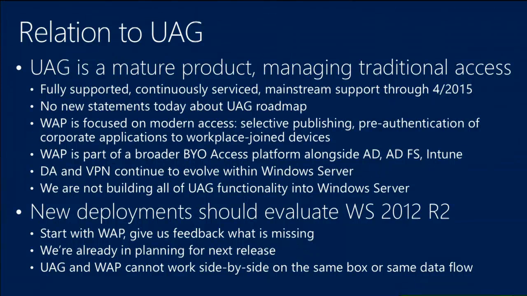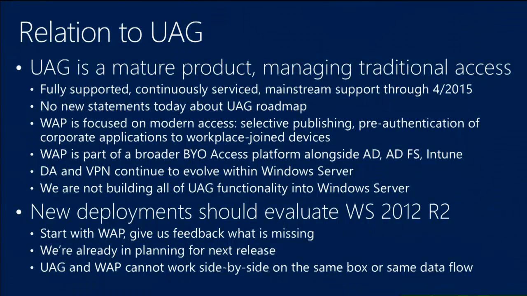In this session, we focused more on Web Application Proxy. But I think the bottom line is, when you think about new deployments, the starting point should be Windows Server and System Center, or Windows Server specifically 2012 R2. You should evaluate your needs and your scenarios with Web Application Proxy and ADFS and AD in mind. And if those absolutely don't work for you and you feel that things are missing, feel free to give us feedback.